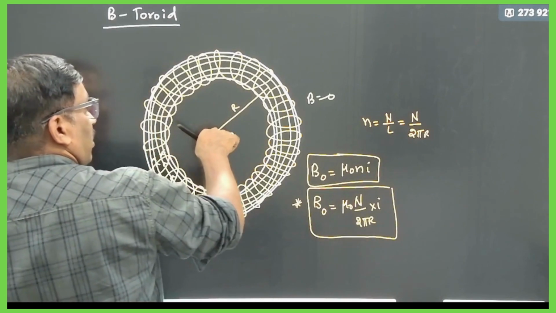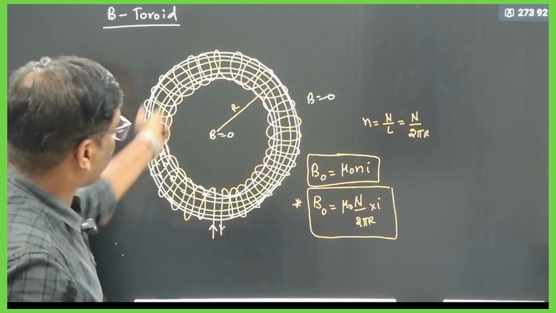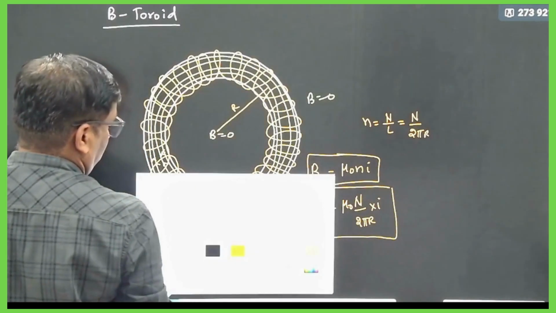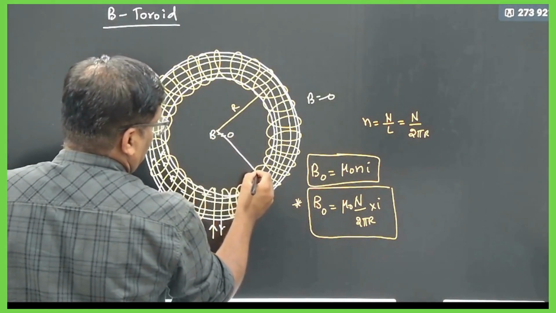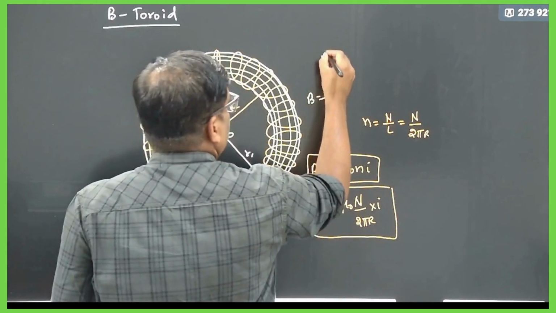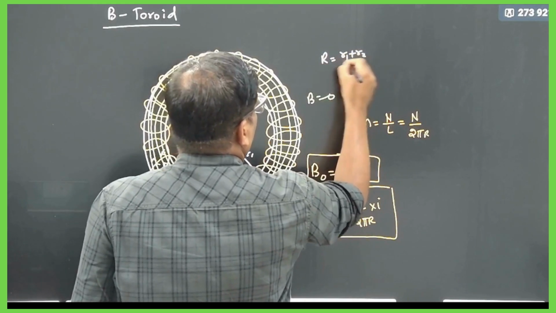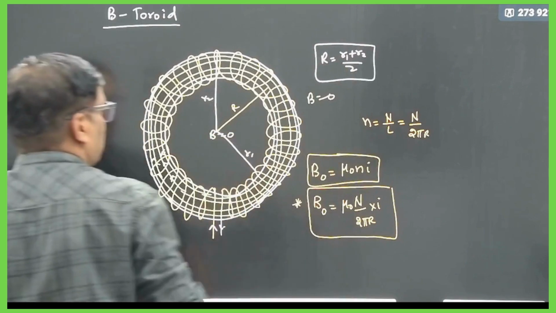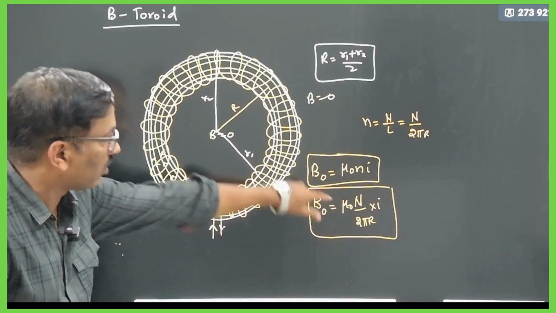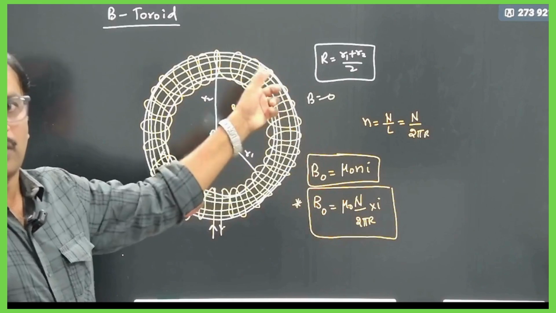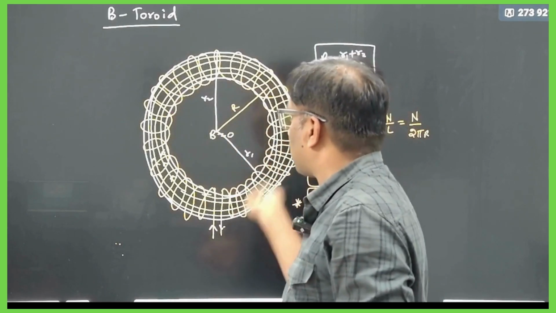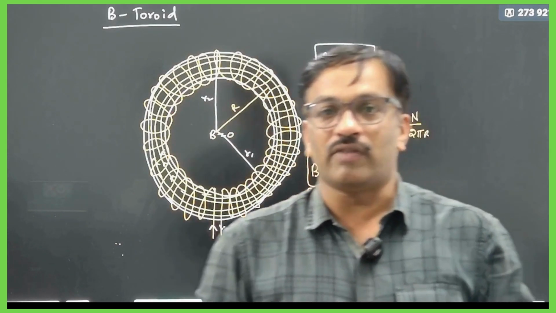Inside the hollow part the field is 0, outside is also 0, and the magnetic field is confined only to this region. Suppose the average radius is not given, but the inner radius r1 and outer radius r2 are given. Then you can write the average radius R as r1 plus r2 by 2, the average of these two distances. Here we write mu naught because the medium is air. If any other medium is present inside, we have to write mu into N i.